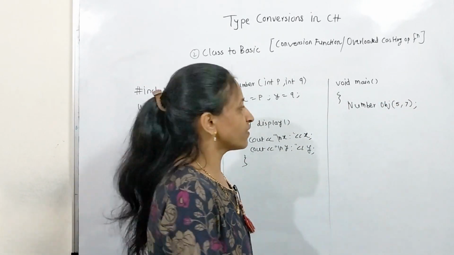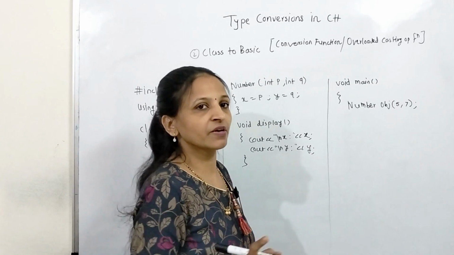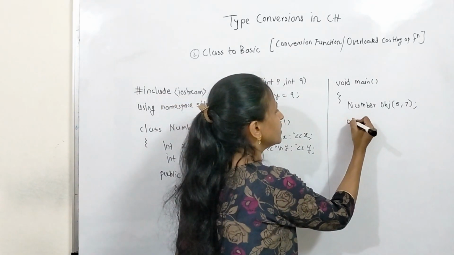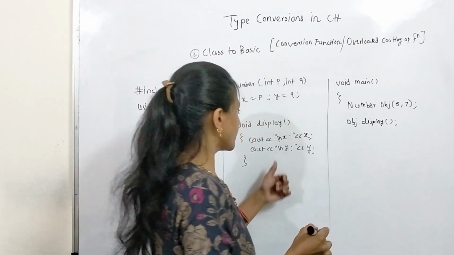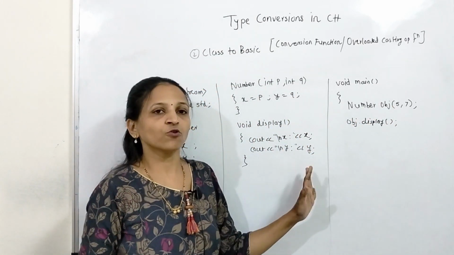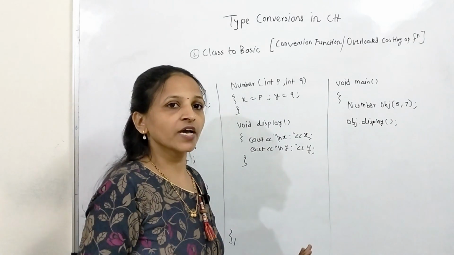Now we can check those values by calling the display member function: obj dot display. We will get the output x colon 5 and y colon 7. That's it.